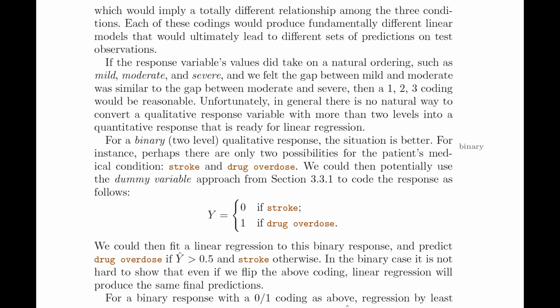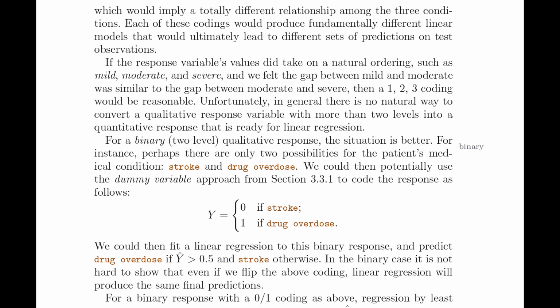Unfortunately, in general, there is no natural way of converting a qualitative response variable with more than 2 levels into a quantitative response that is ready for linear regression. So we're speaking of more than 2 levels.